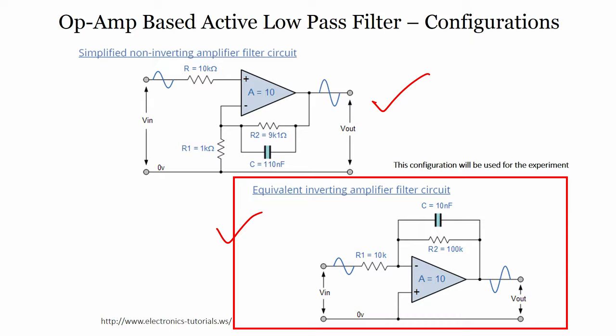The result would be the same, both are active low pass filters. It depends on you which one you want to consider, and you can see the change in the input and output. Now we will actually perform the experiments with the op amp based active low pass filter using the inverting amplifier filter circuit, using this particular circuit.